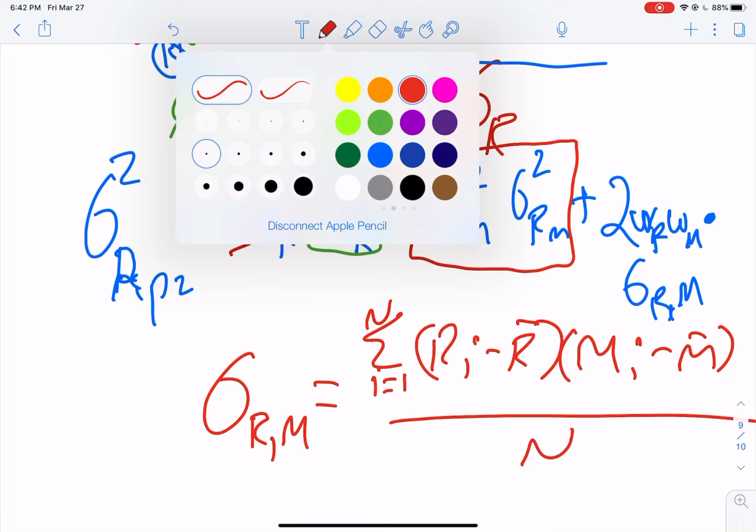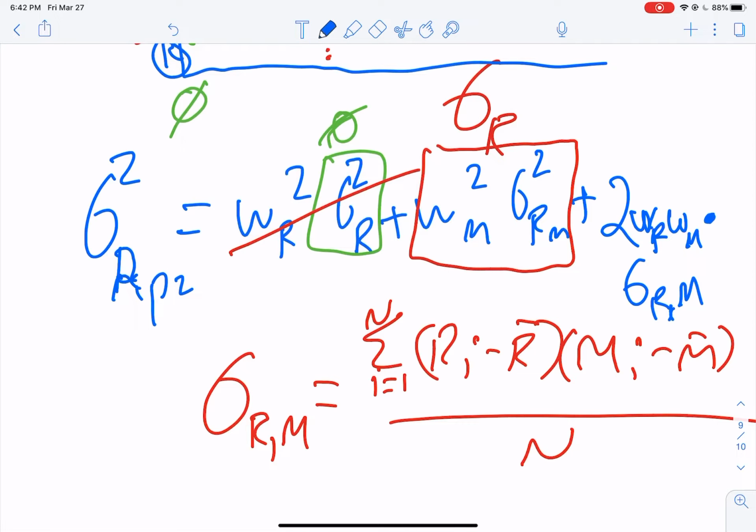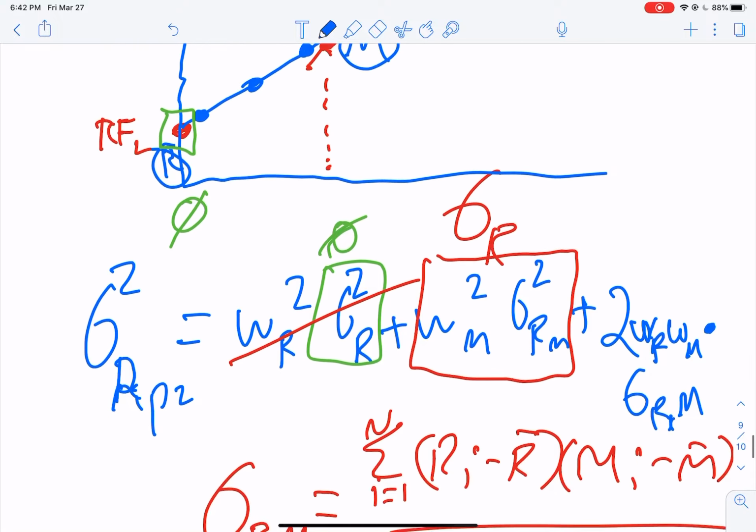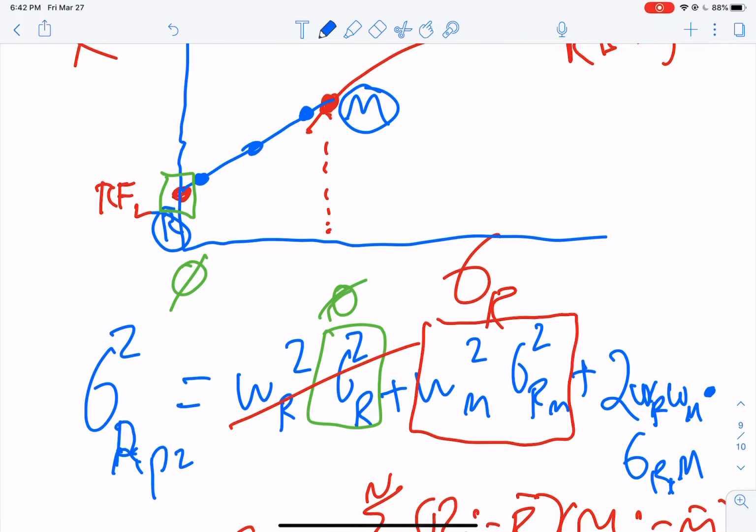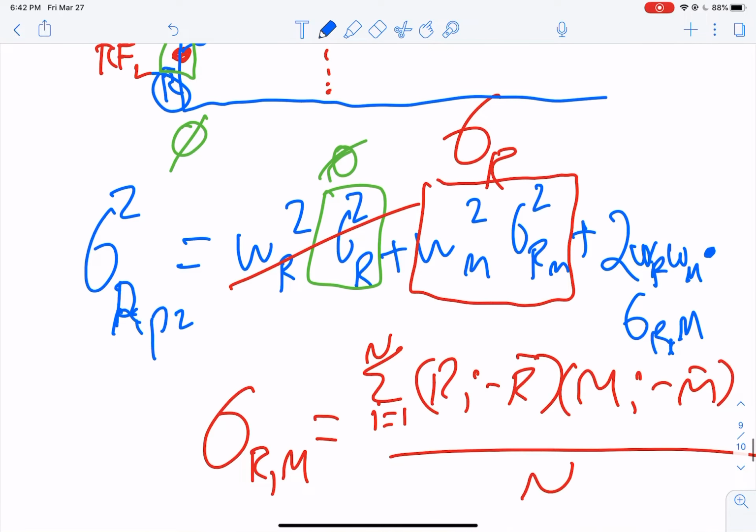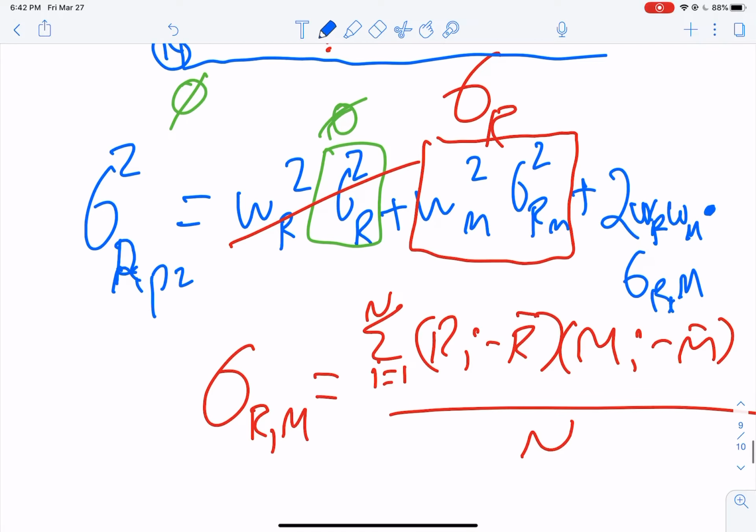Well, it's not surprising that since the return on R is known for sure, there is no standard deviation. Remember, standard deviation is 0. If you invest in a risk-free security, that's the return that you're going to get. You're guaranteed. There's no better guarantee than the return on a treasury security.